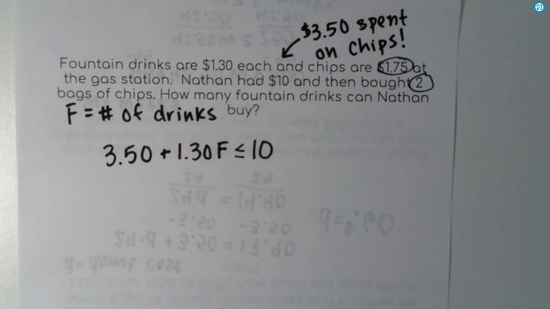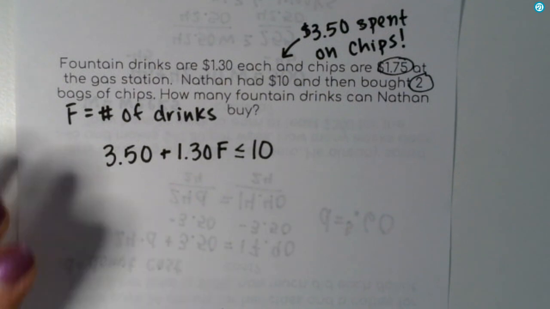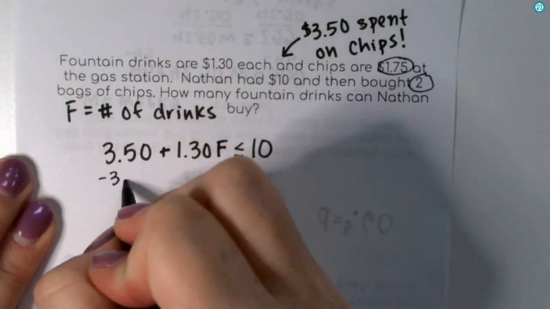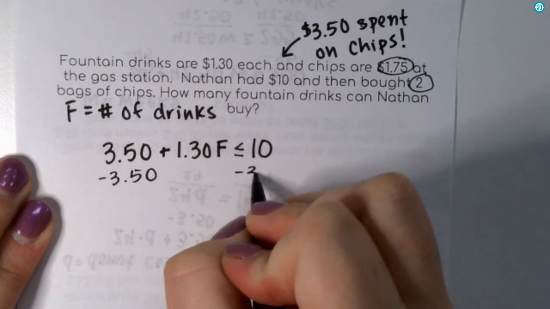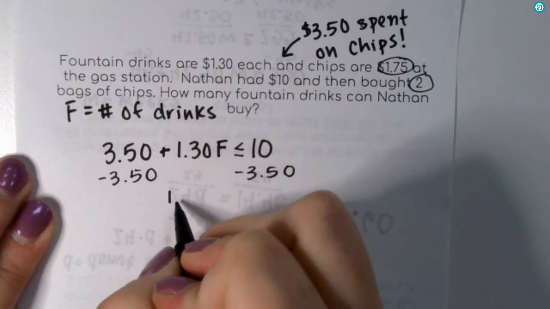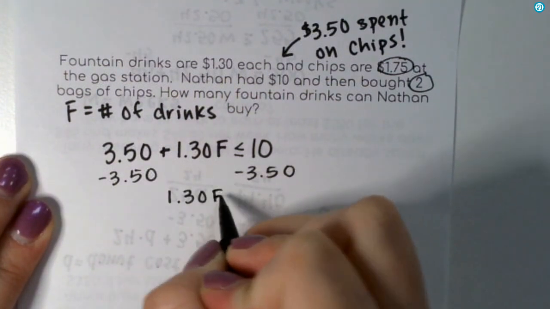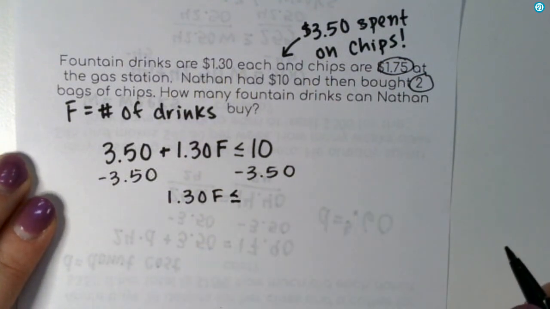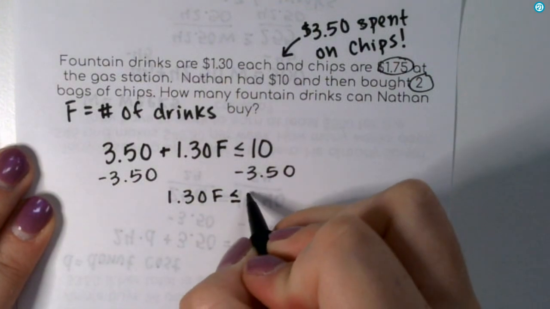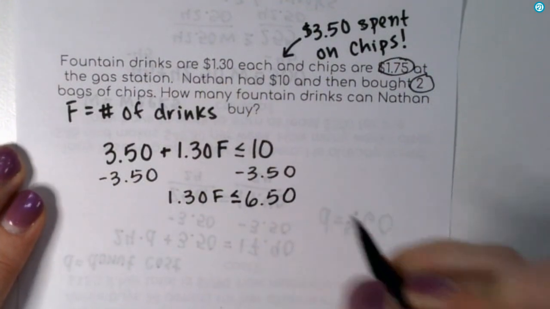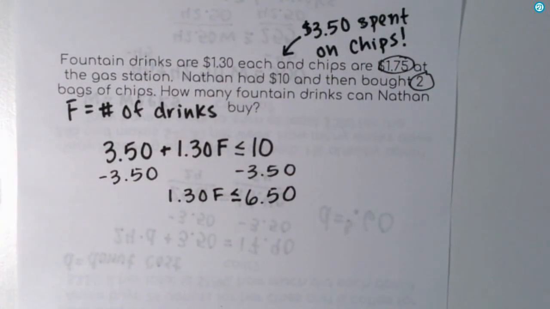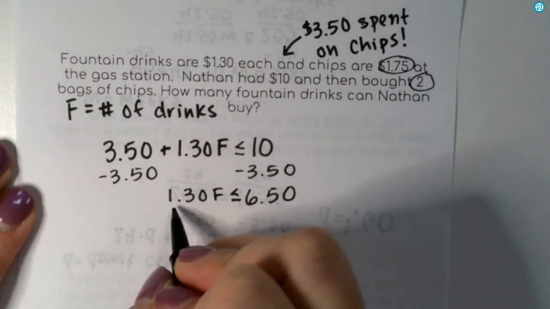Okay, from here, we are going to solve this. So we're going to subtract $3.50 from both sides. We'll have 1.30F is less than or equal to 10 minus $3.50 is $6.50. And then we divide both sides by 1.30.